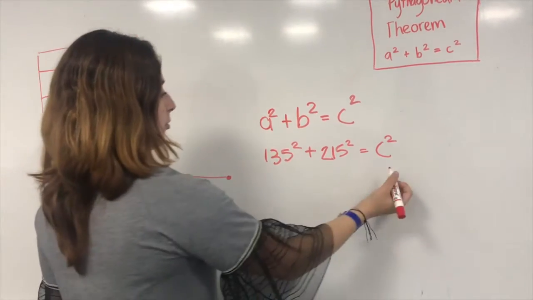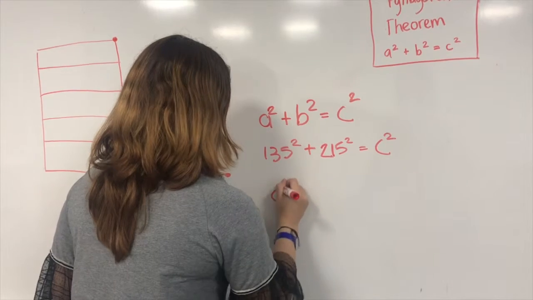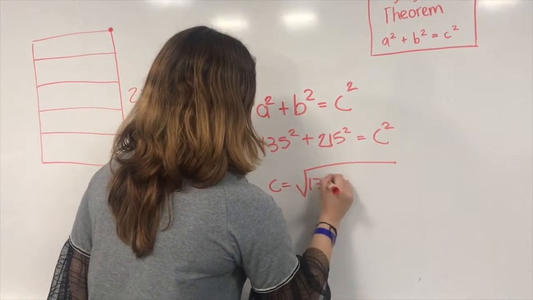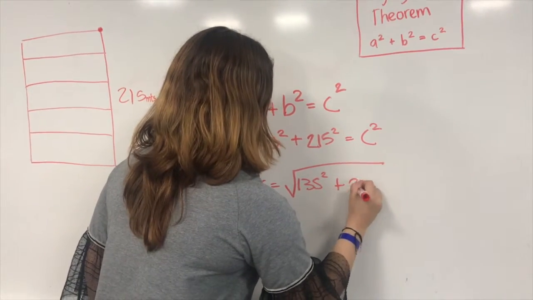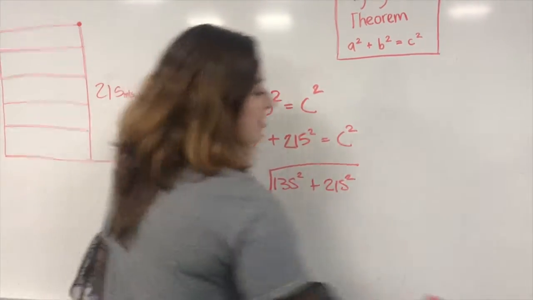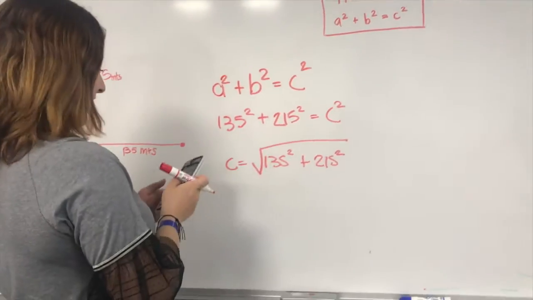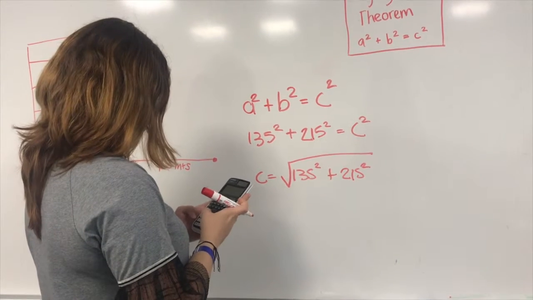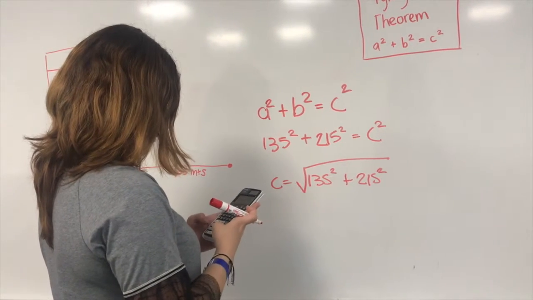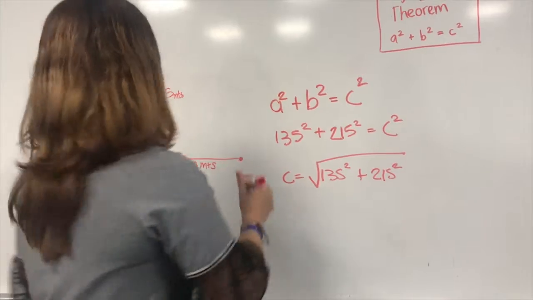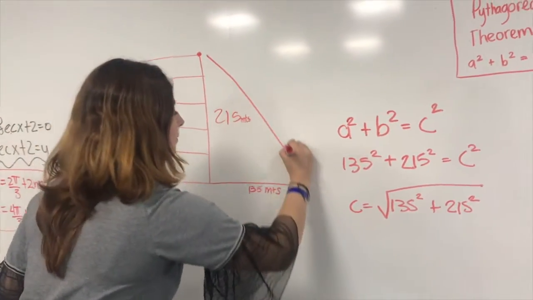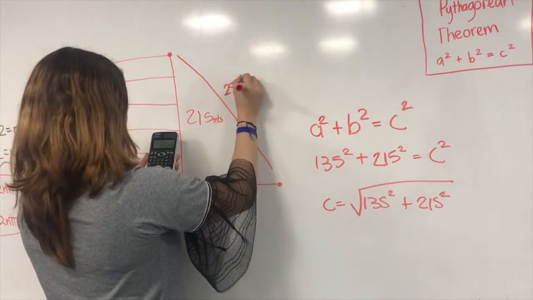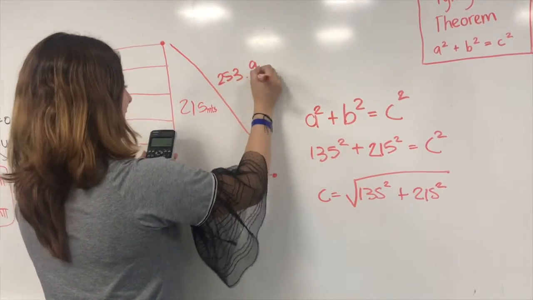For that, we isolate C, which gives us the square root of 135 squared plus 215 squared. If we put it in the calculator, we get a value of 253.9 meters.